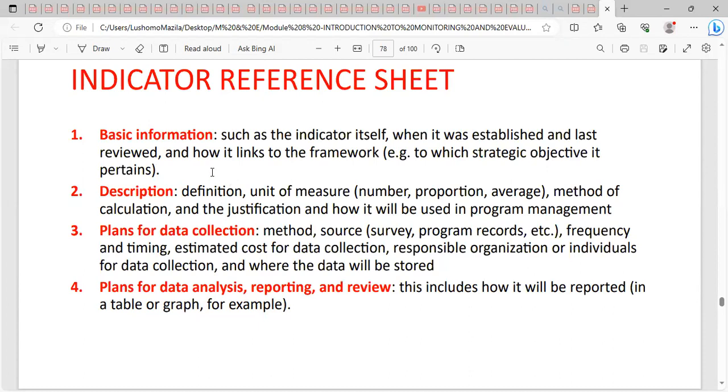So the basic information about a particular indicator, let's look at an example of an indicator. Can you give me any indicator which you know, maybe in health?